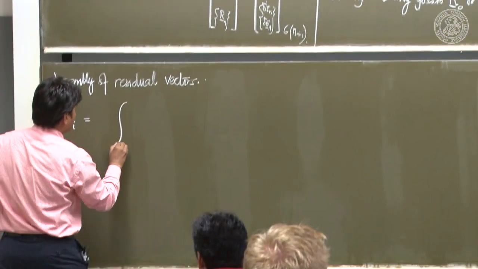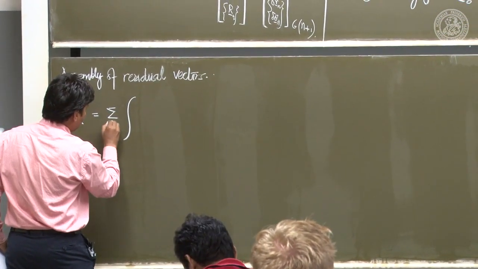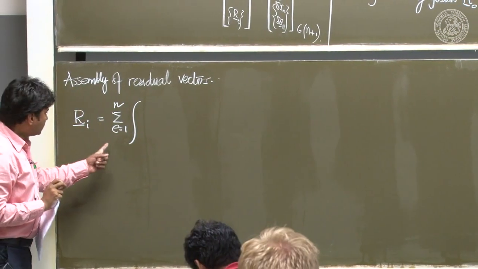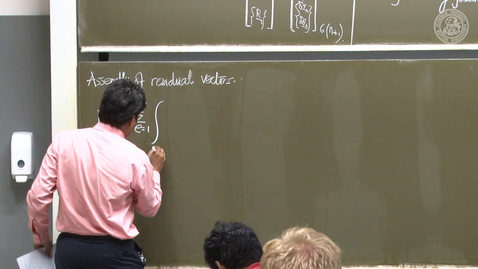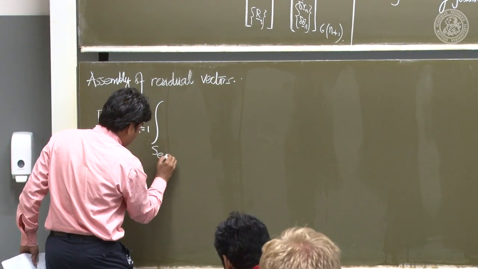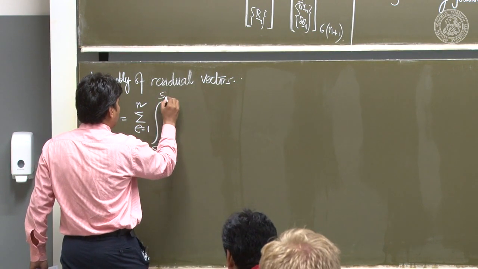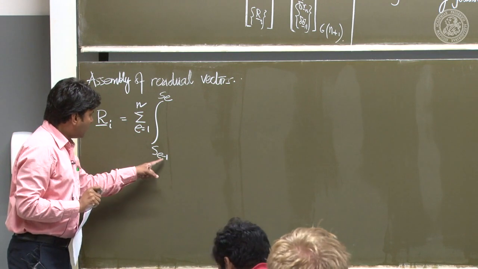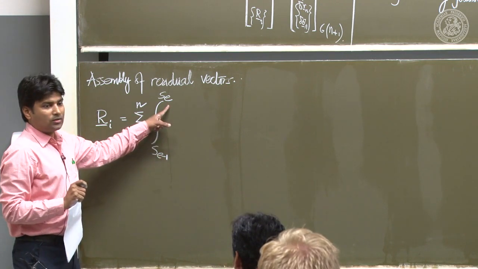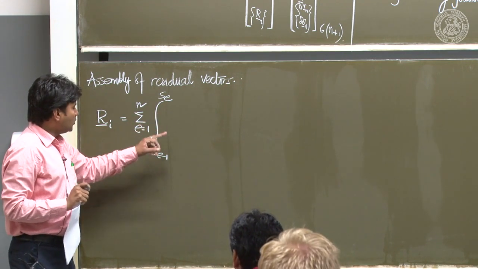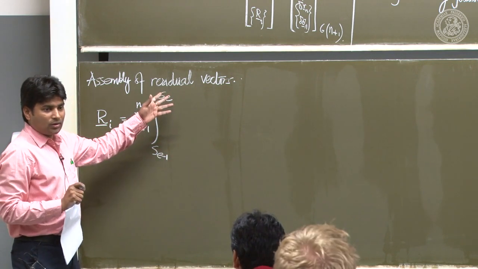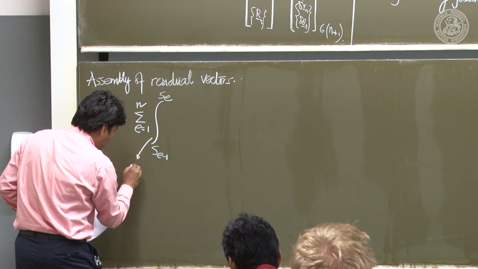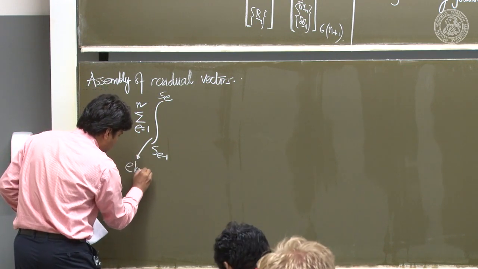So, this becomes summation over e equals 1 to n. So, that is the summation over the elements, s e minus 1 to s e. When e is equal to 1, it goes from s 0 to s 1. When e is equal to 2, it goes from s 1 to s 2, right. So, this is being done over the element e.